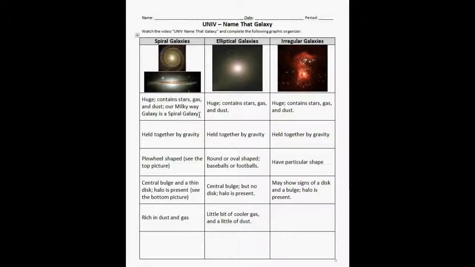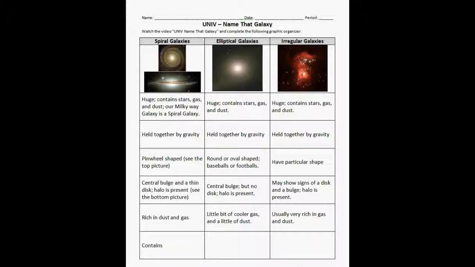An irregular galaxy is usually very rich in gas and dust. So if you just look at that, which ones do you think would have the best chance of forming new stars? If you were to say spiral and irregular, you would be correct.